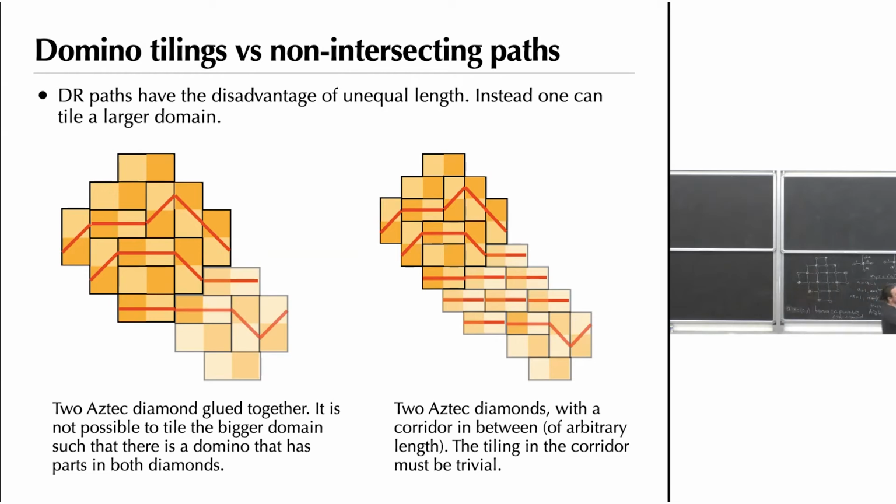So I have a strangely shaped domain, but it basically completely decouples. The nice thing is I can make this corridor as long as I want, and in the end we will send it to infinity. Yes, here the size of this one is one less than the other.